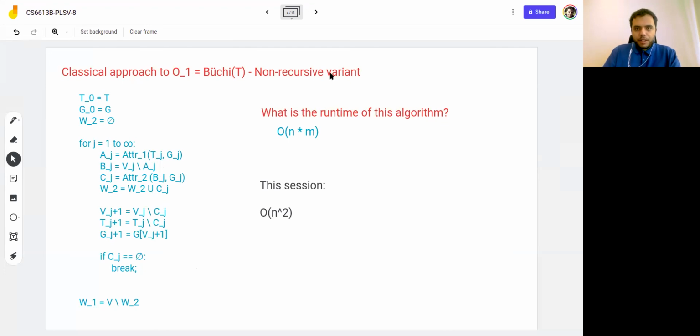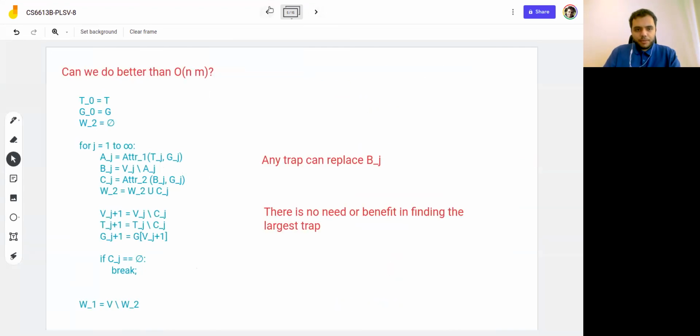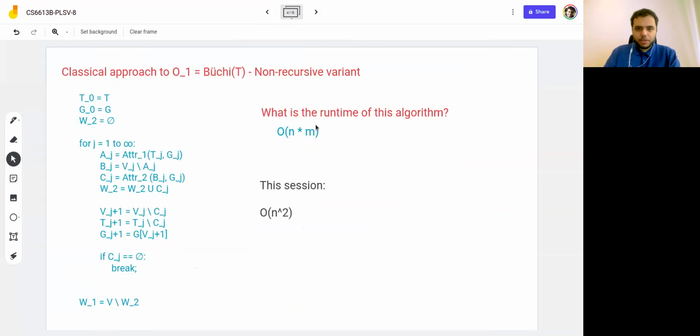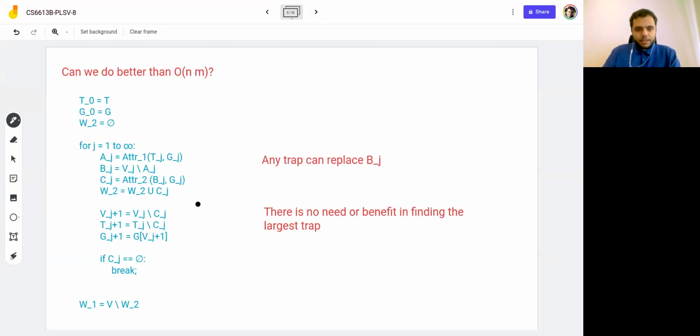Okay. So let's see how we were doing actually the runtime analysis here. How did we get to order n times m? Because the first step in getting a better algorithm is looking at how we did the analysis and seeing if we can do any better. So the way we were doing this analysis was that we said, okay, we can compute this attractor in linear time.